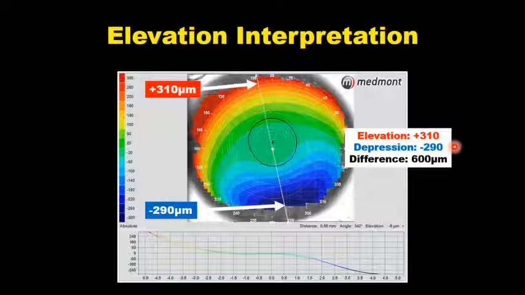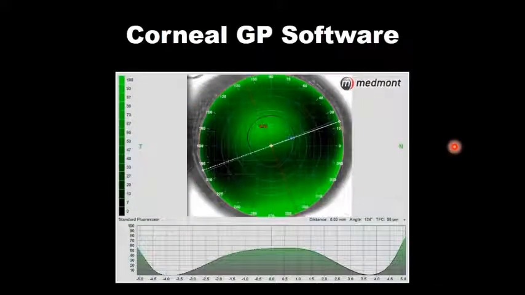In other words, this eye has a 600 micron change in elevation from the highest point, 310, to the lowest point, 290 microns. And it's been found that when your elevation differential is greater than 350 microns, and we're at 600, then a corneal GP is going to struggle to work.